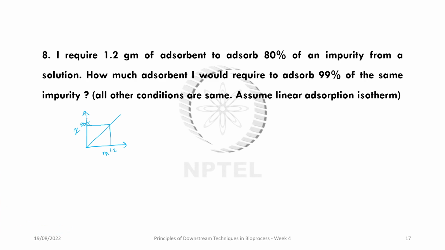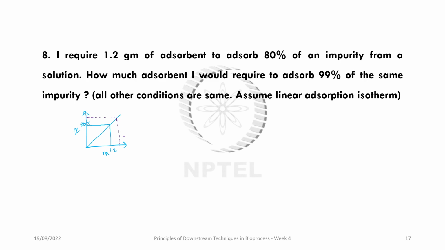Now, since it's linear, the slope is going to be common for both, right? I can use the proportionality to arrive at the answer.